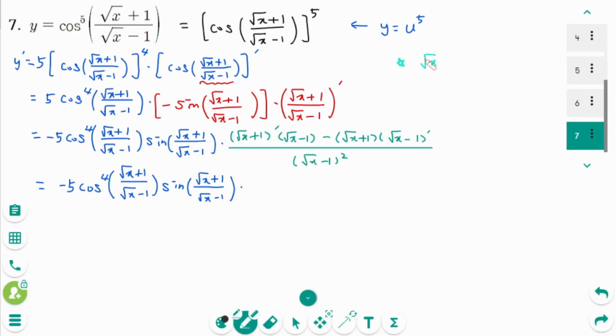square root of x prime equals x to the power of 1 over 2 prime, then 1 over 2 x to the power of minus 1 over 2, which is 1 over 2 square root of x.